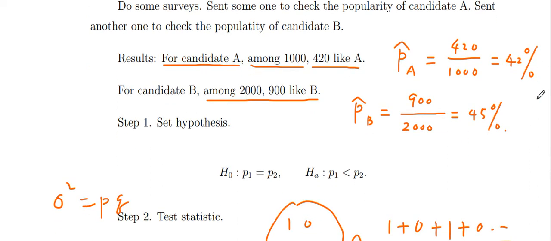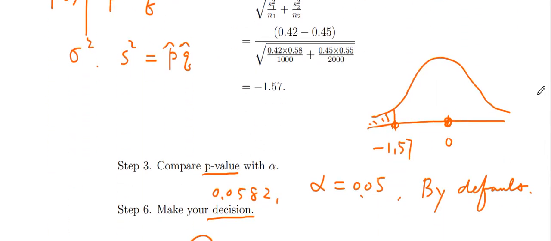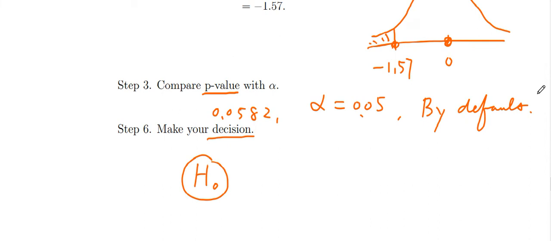We say no. We cannot say candidate B is more popular than candidate A. Even though our data suggests this, the data has some evidence, but the evidence is not so strong. For your decision, you should not just say H0 or HA; you should tell other people that we cannot say he is more popular.